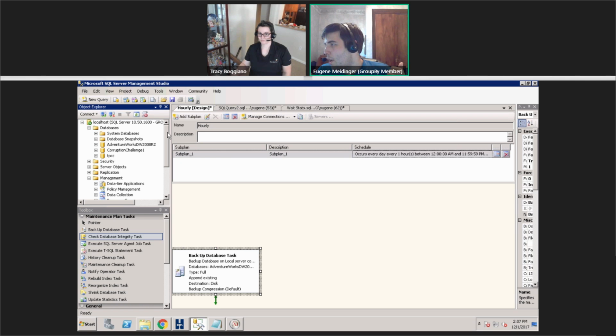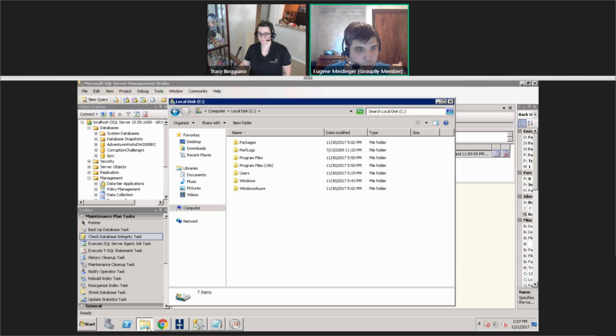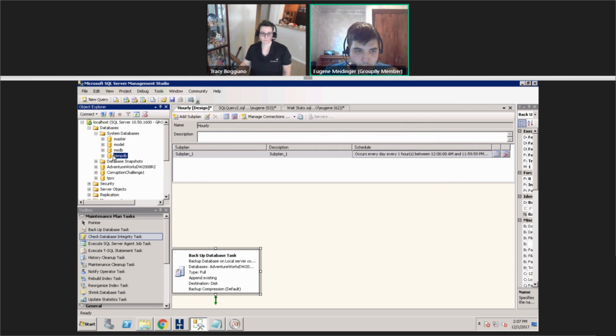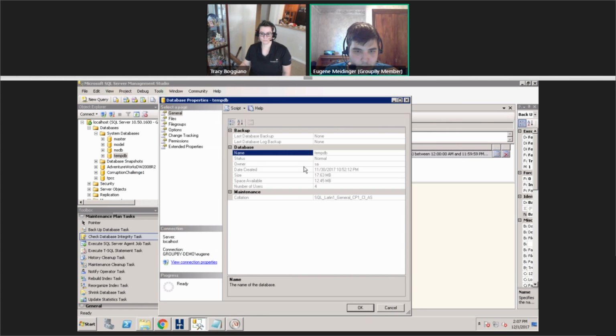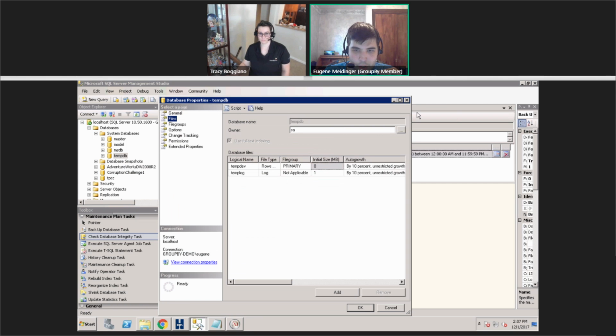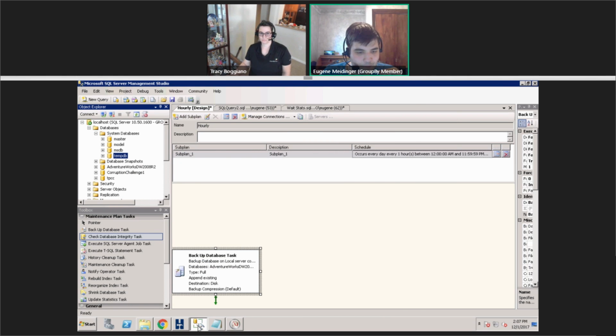Let's see. Okay, so a couple of other things we talked about. We took a look at max RAM and our TempDB file. So if we go to SQL Server, although we could also just right-click on TempDB and look here as well to get some information, there's just the 2 files.